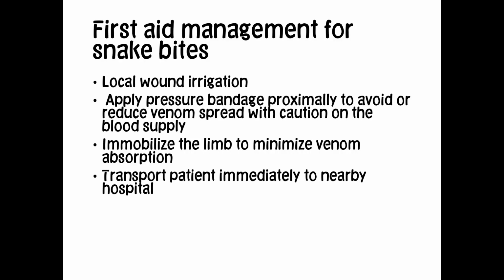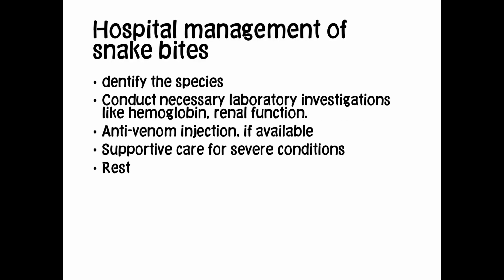The limb that has been bitten by a snake should be immobilized and kept in one position to reduce the rate of circulation and minimize the absorption and spread of the venom. And as we have just said, the patient should be immediately transported to the nearby hospital for further management.